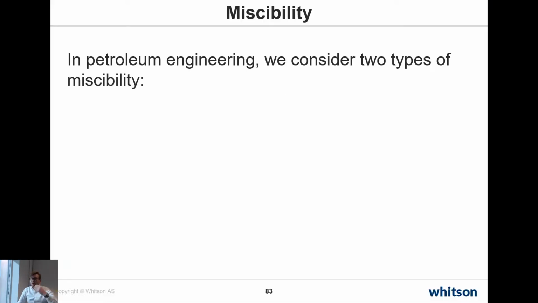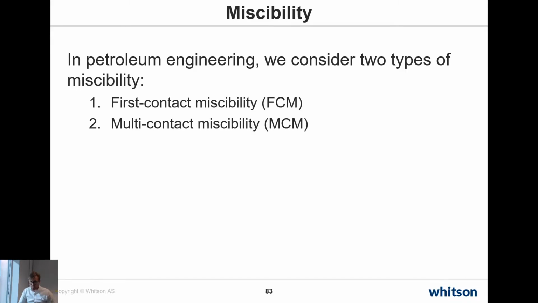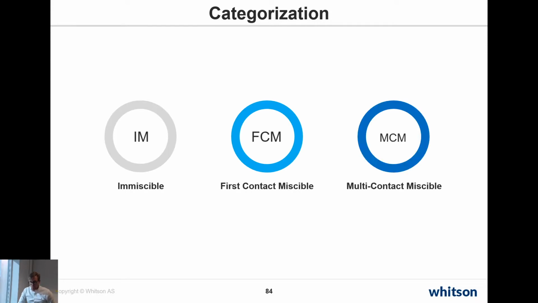So again, we reiterate that miscibility in petroleum engineering, at least in the petroleum engineering space, we consider two types of miscibility: first contact miscibility and multi-contact miscibility. So for all practical purposes, we have some fluid at a particular reservoir temperature.